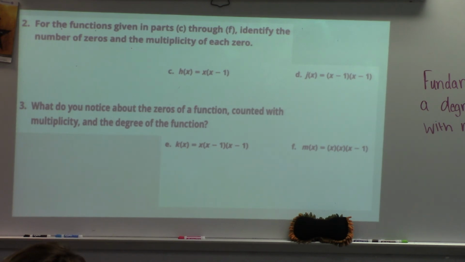If you look at a polynomial and it's a degree, if I have a degree 5 polynomial, how many zeros am I going to have? Okay, if I have a degree 200 polynomial, how many zeros am I going to have?